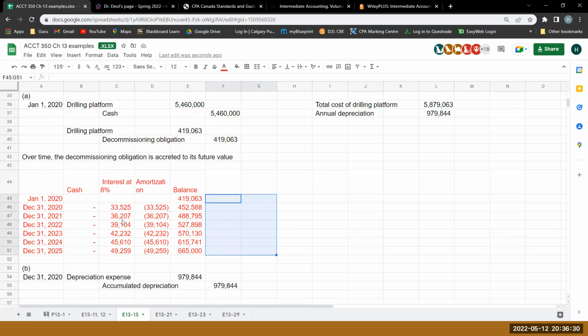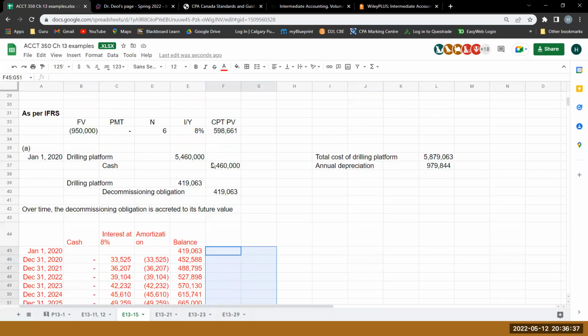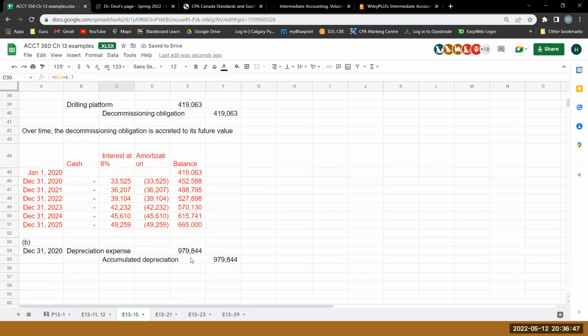The 33,525, 36,207, et cetera, and over time it takes you to 70% of 950,000. If you calculate 70% of 950,000, the liability should be 665,000, and that's where it will take us.